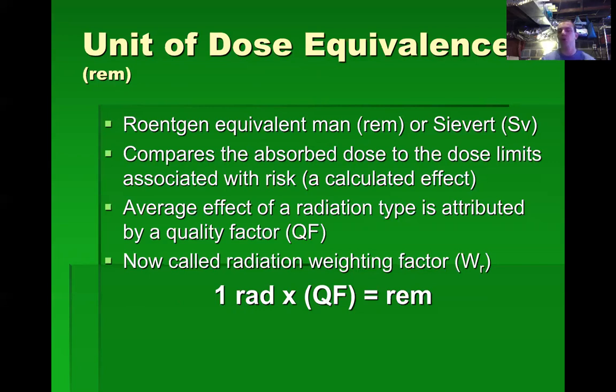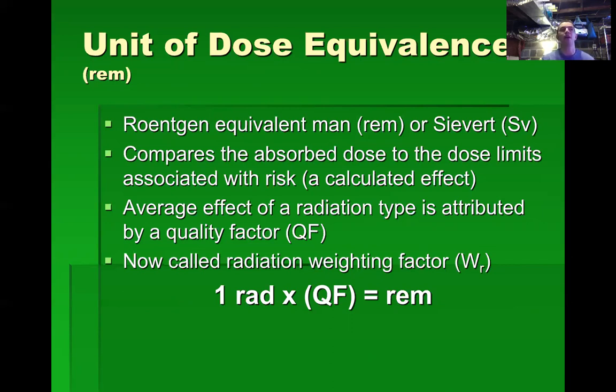Then you have the absorbed dose, that is really just the radiation that is absorbed into matter, into a body, into shielding. Taking it one step further, there is what's known as dose equivalence. For this, you'll notice that there is a different unit. This is in rem, not rad, not Rankins. Anytime you see rem or sievert, it's important to understand that this is not an actual physical quantity.